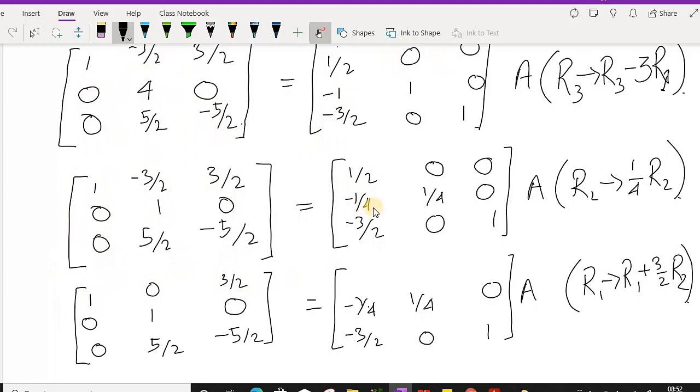Now what? In R1 we have 1 by 2 plus 3 by 2 into minus 1 by 4.